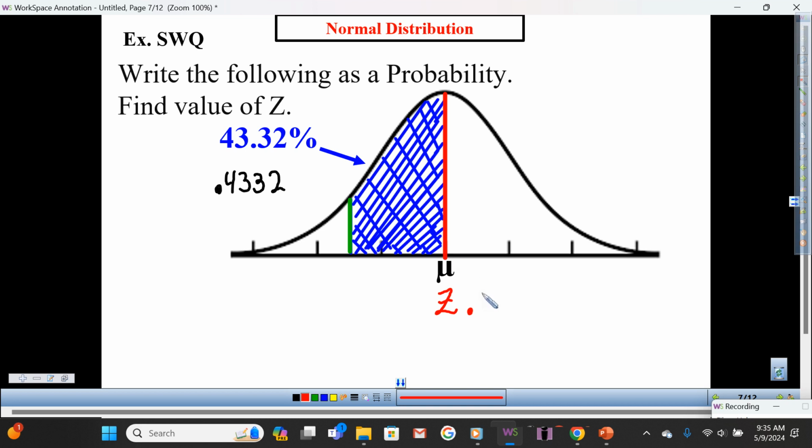Mu is 0.50. That is correct, because it's right at the half. Is that correct? All right.